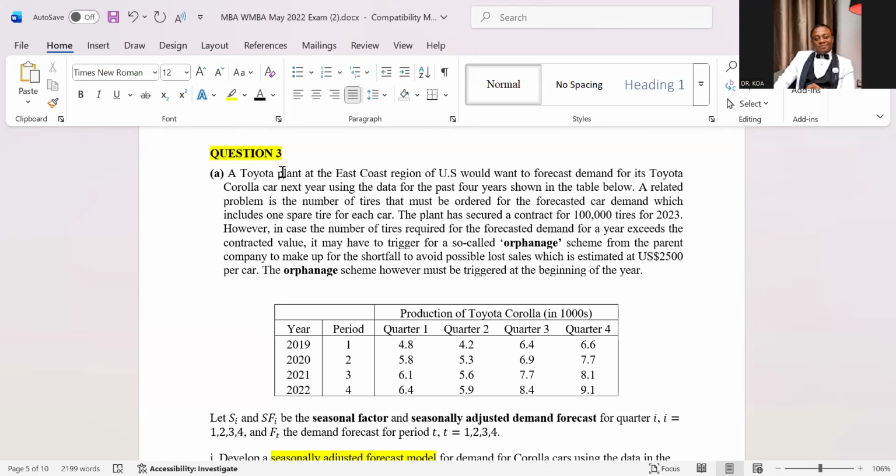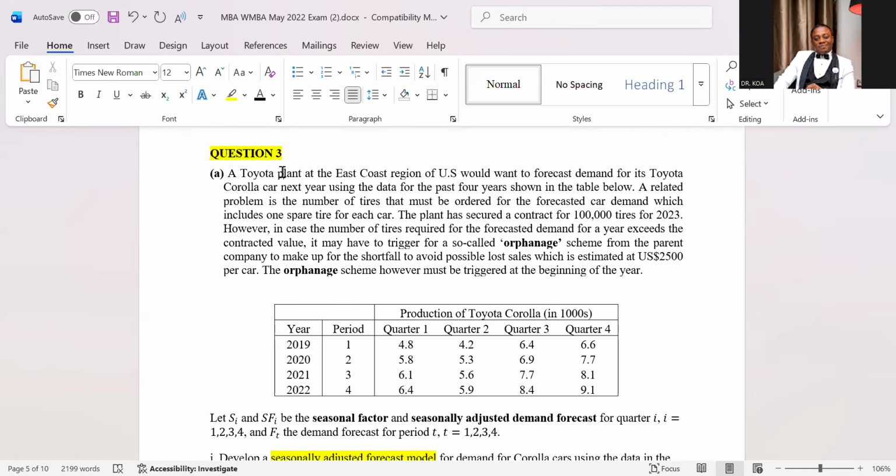In case the forecasted demand is more than that. So if the person doesn't know the contracted value... but if it is more than that, so the cars that we are forecasting that we need is more than the one that was in the contract, then it can bring about an orphanage scheme from the parent company.